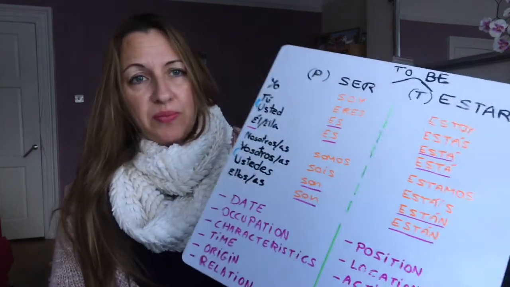And then I have written as well a few examples on when either of them would be used. Okay, and then the examples with sentences. So here is what I've written on the board.